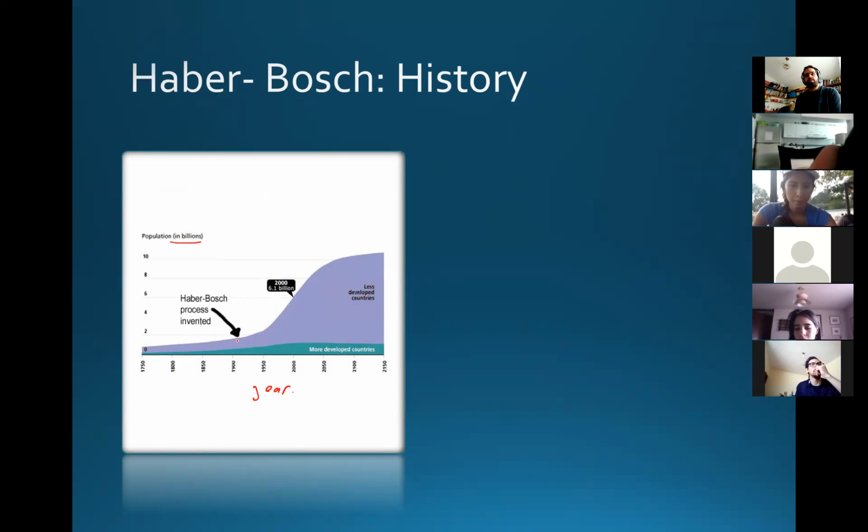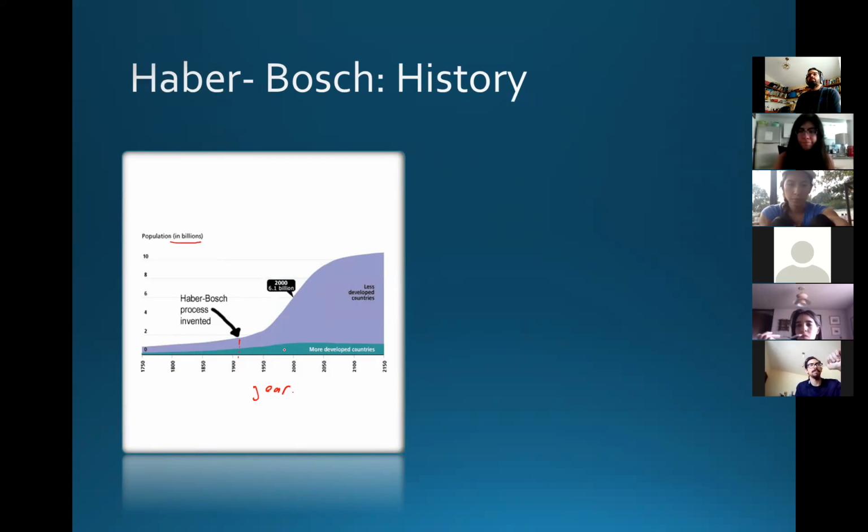In this particular part, you can see where the Haber-Bosch process was invented. From there on, the production of food and crops has risen like crazy, because it's very easy to have a fertilizer, and with fertilizer to obtain a lot of crops.